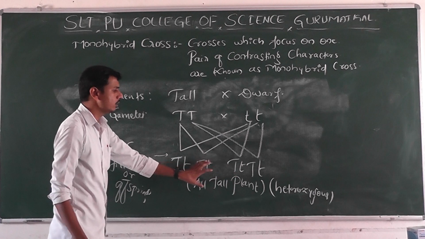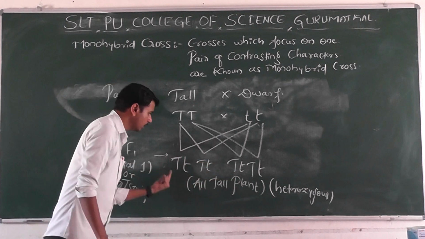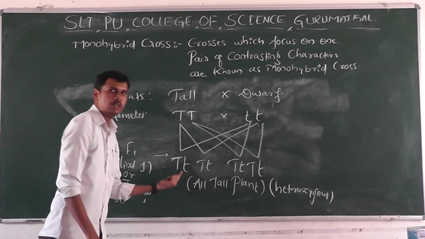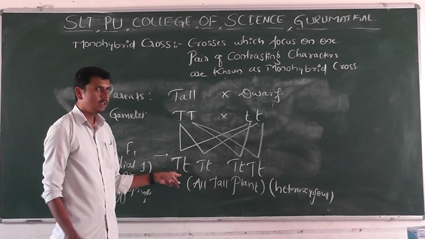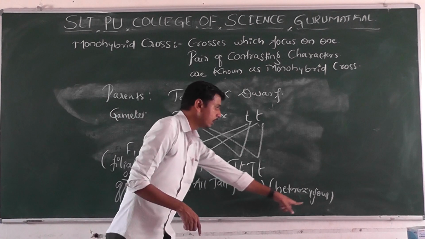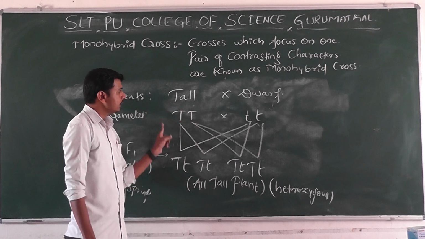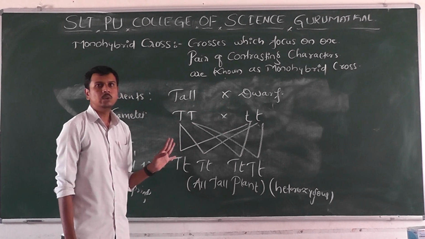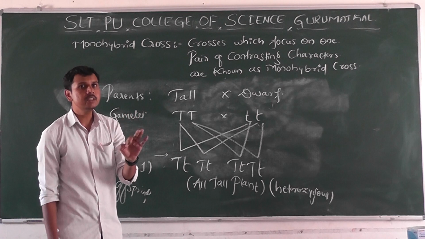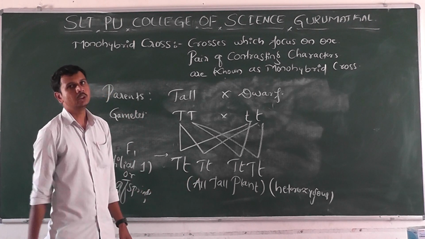You can see here the capital T and the small t. Here different types of genes are present, so that is why we call them heterozygous tall. The tall is always dominant over the dwarf form. That is the reason in the F1 generation we get all heterozygous tall plants.